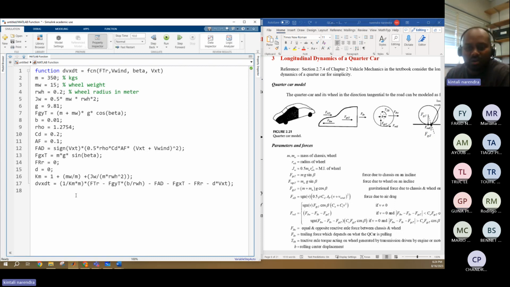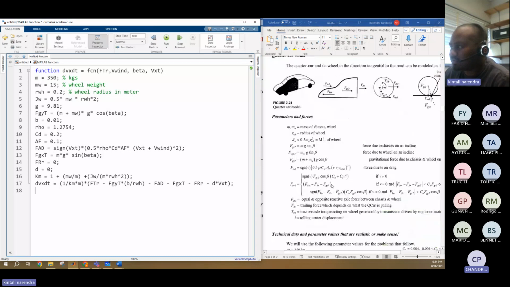Ayub, are you good? Shall I go ahead? Yes. Okay, Narendra, just one second. For me, FGXT is still showing as yellow. Make sure this FGXT and this FGXT are the same, that they look the same with the same notation.